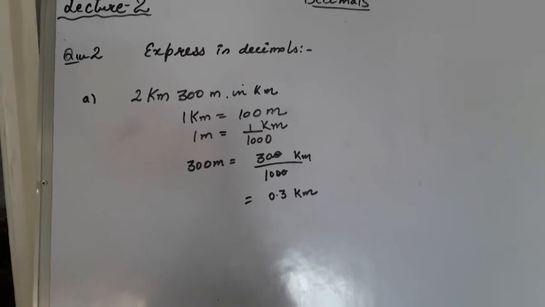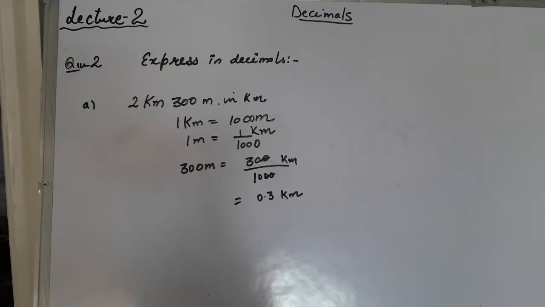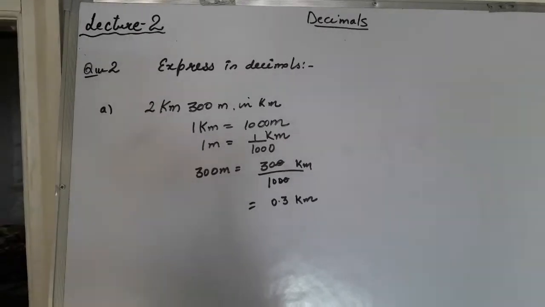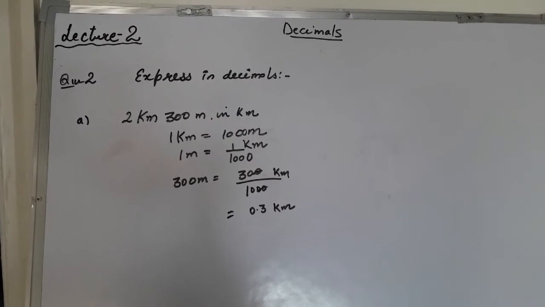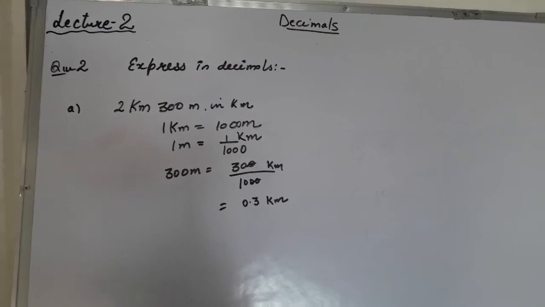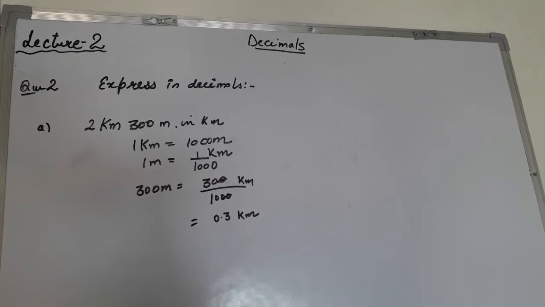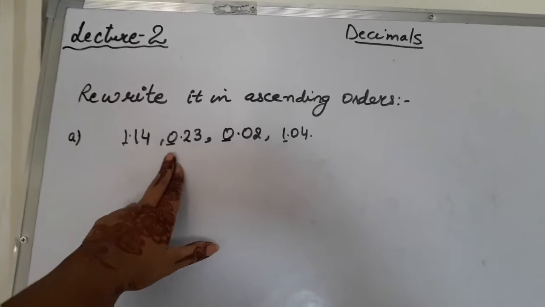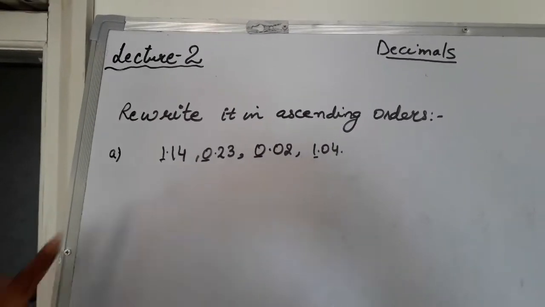So 1 meter becomes 1 upon 1000 kilometers, and 300 meters becomes 300 upon 1000 kilometers, which makes 0.3 kilometers. Now I have 2 kilometers and 0.3 kilometers, and when I add them it makes a decimal form in kilometers.